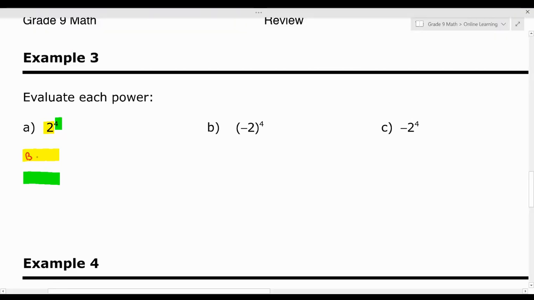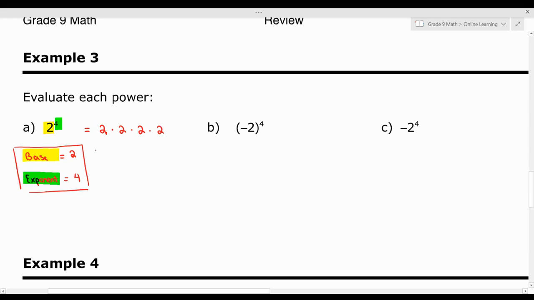So for question A, the base, which is the number that keeps being multiplied over and over by itself, is 2, and the exponent is 4. I'll just separate that. So again, one last time with the multiplication where you show it repeated. That's like you having 2 times 2 times 2 times 2.